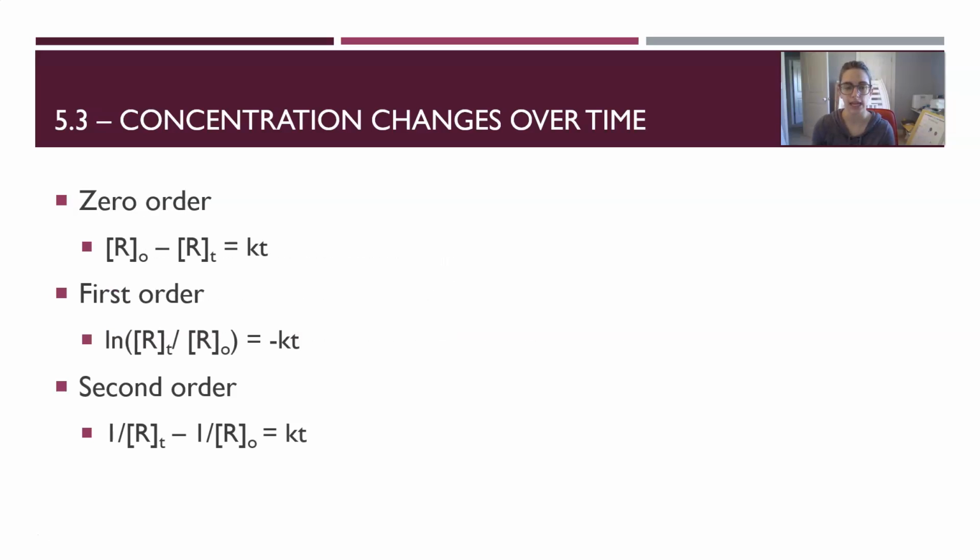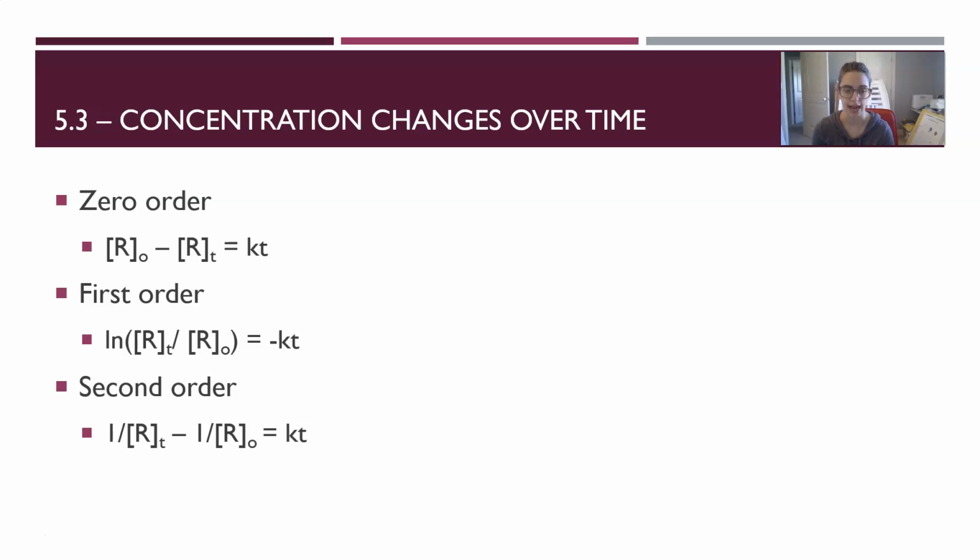We end up with three different common types of orders. We end up with zero order, which the equation for zero order is that our initial concentration minus the concentration of our reactant at a certain time equals the constant times t, or time.